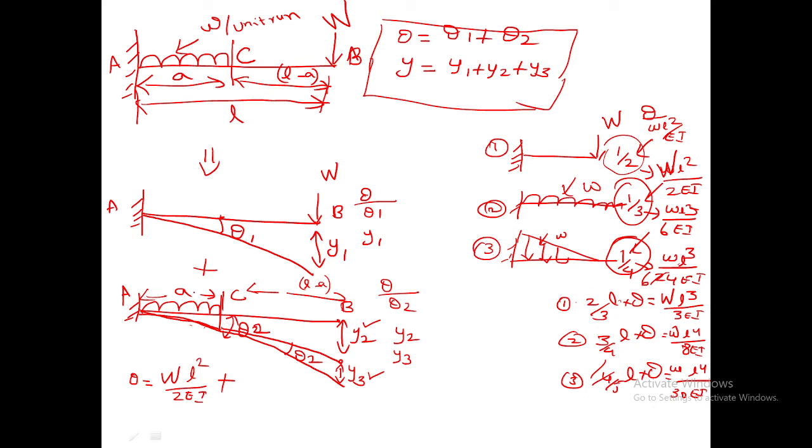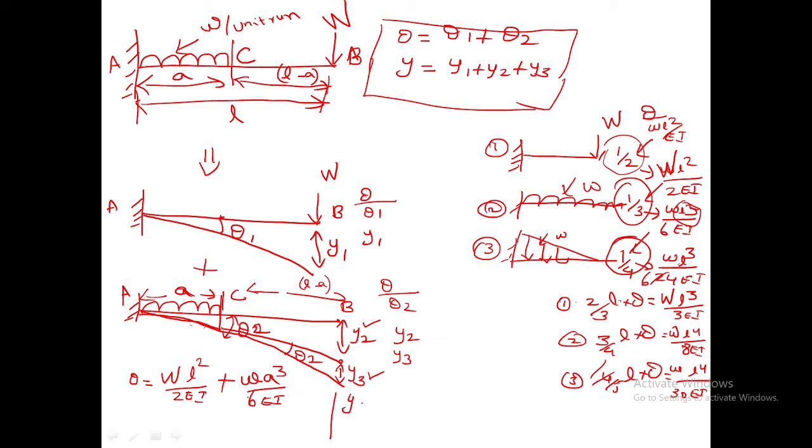Up to A there is only one slope, theta 2, and between B and C there is no load, so there is no slope there. For the entire length L it would be the full formula, but here it is up to A, so W A cube divided by 6 EI. This is the slope.